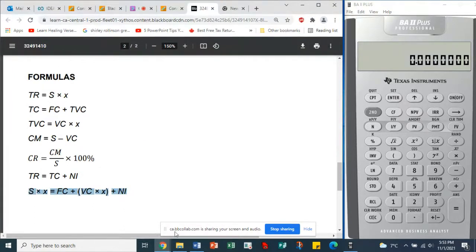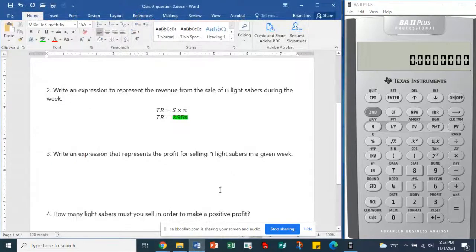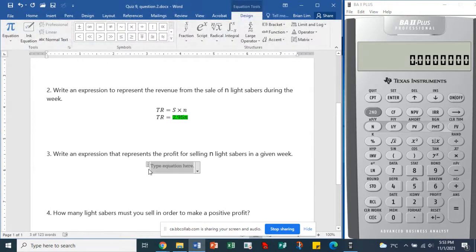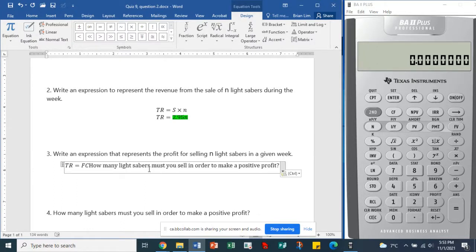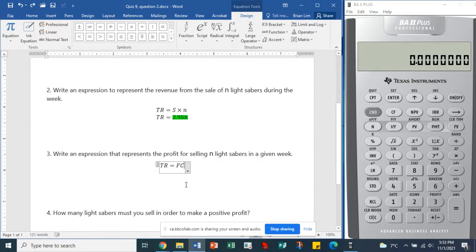So I will put that in here. That would look like the total revenue is equal to the fixed cost plus the total variable cost, plus the net income.